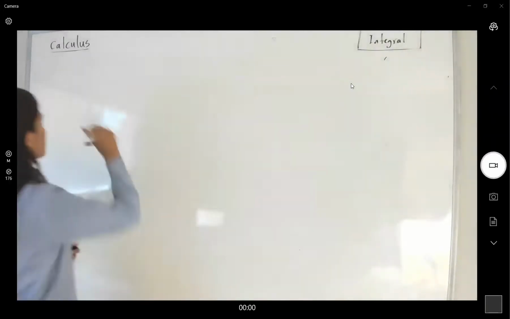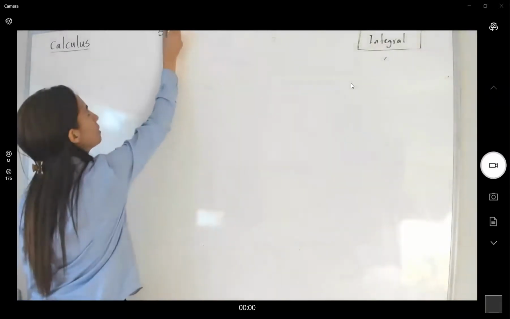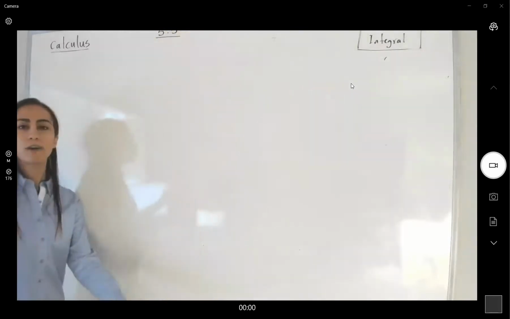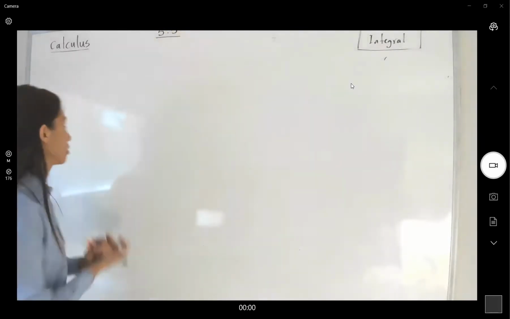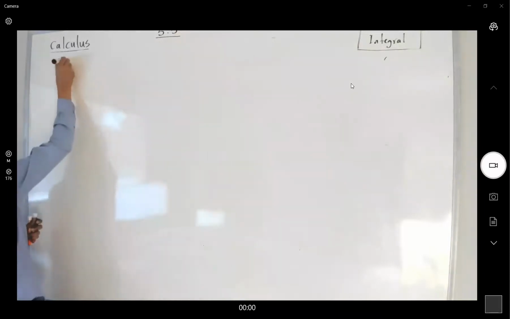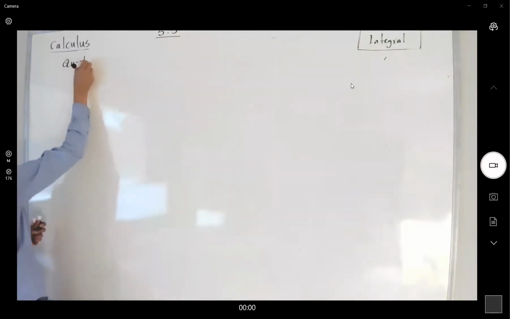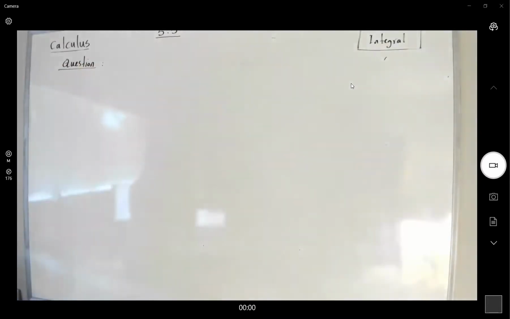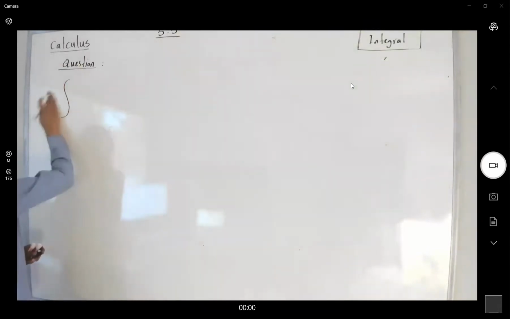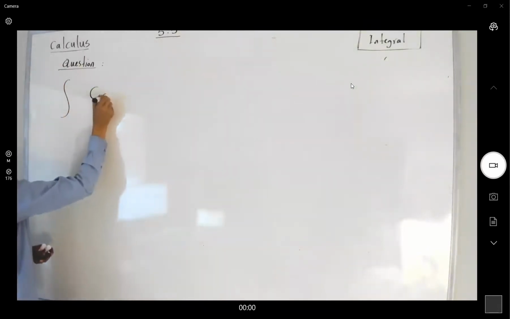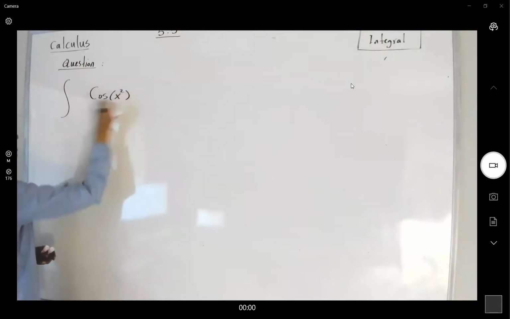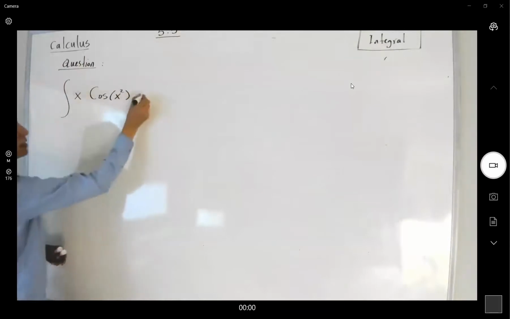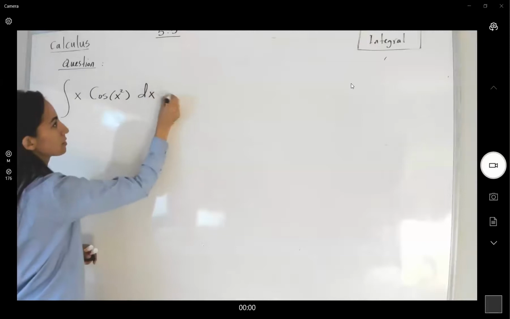So I expect you to ask now, well, how do I calculate this integral? Question. What is the integral of cosine x squared times x dx?